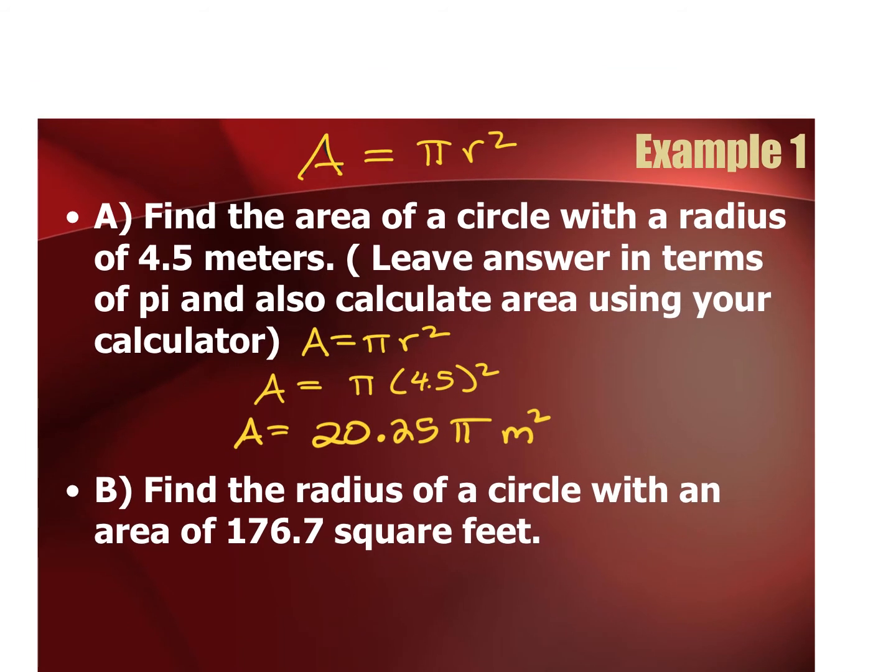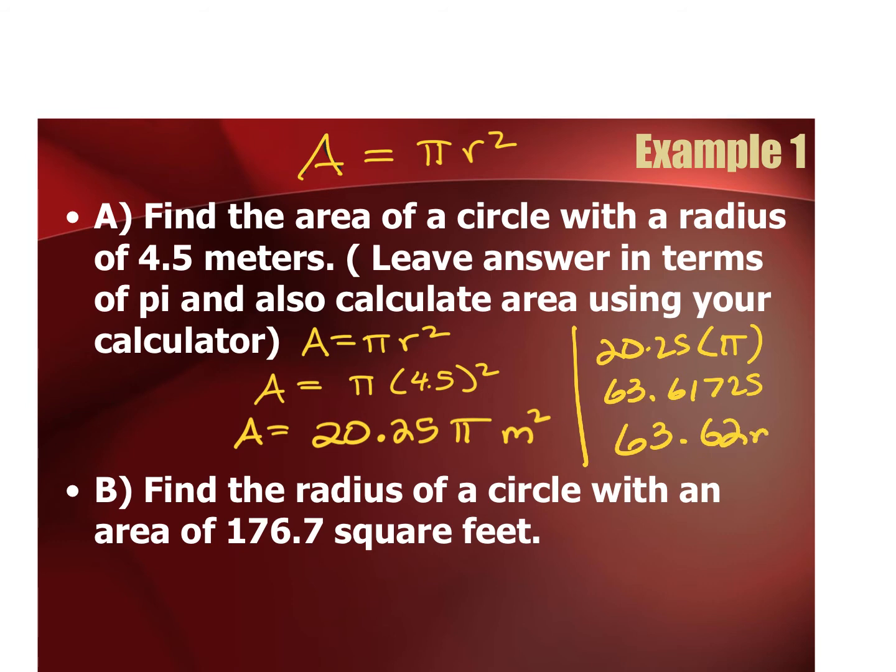Using your calculator's pi button, we're going to do 20.25 times pi, and once we do that, we're going to get 63.61725, and rounded to the hundredths place, 63.62 meters squared.